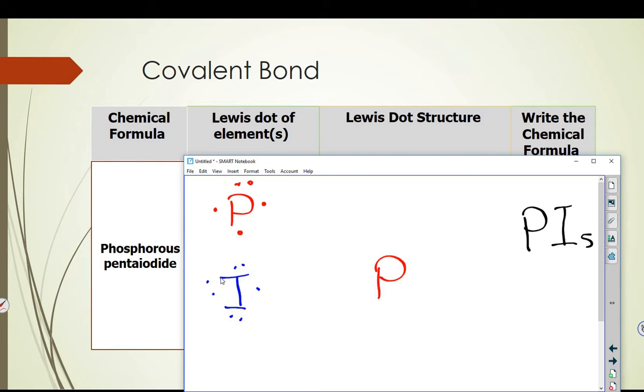And since it's going to bond with 5 things, I'm going to just put 5 lines out from it right here. It actually gets a shape like a triangle paper with a line through it or a pencil through it. And then I'm going to put my iodines on each of these, and I'm going to show the other 6 electrons. Because remember, a line represents a 2 electron pair.